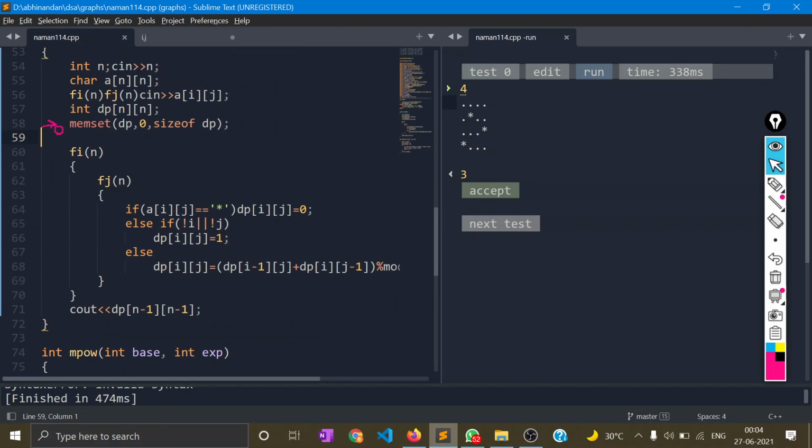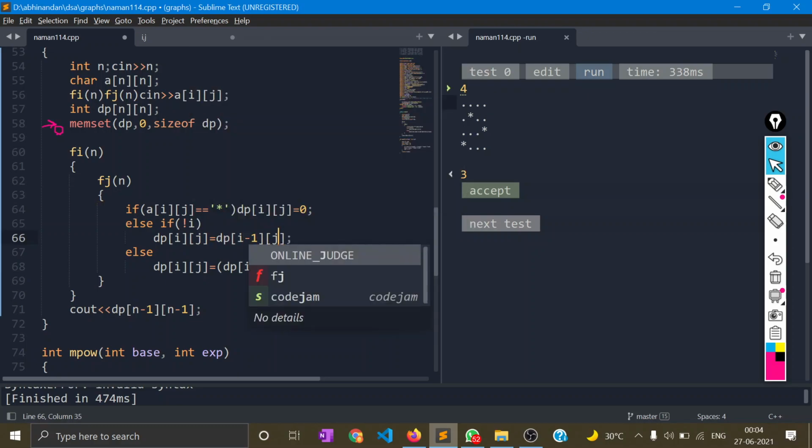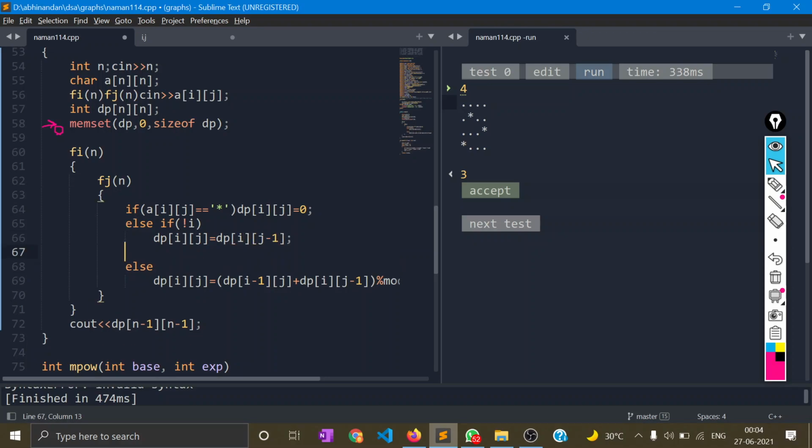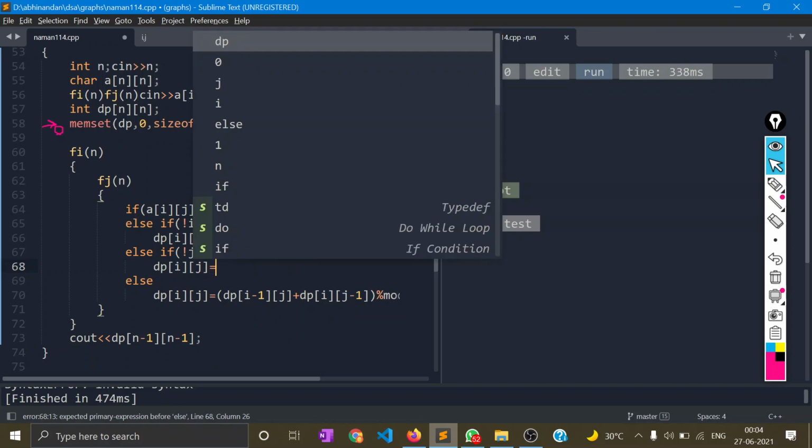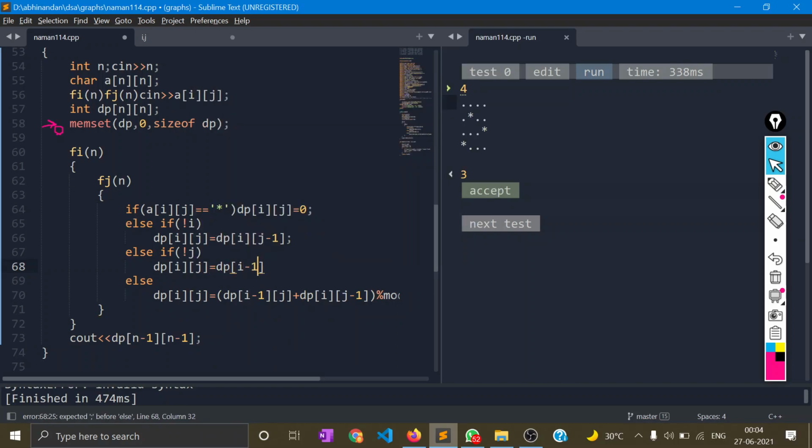Okay, okay. So I have to consider at least dp[i-1][j] or dp[i][j-1], whichever is positive.